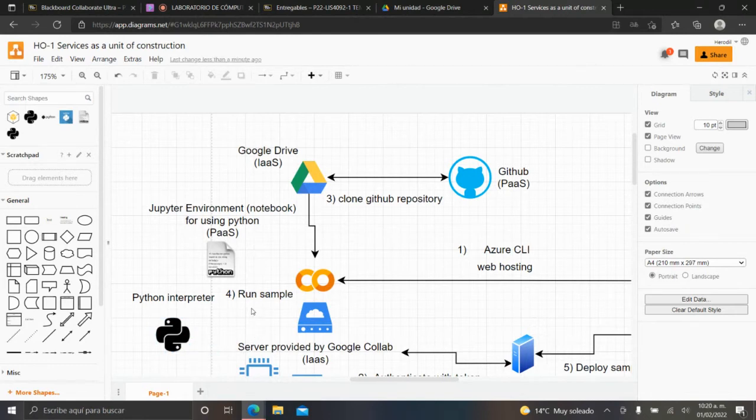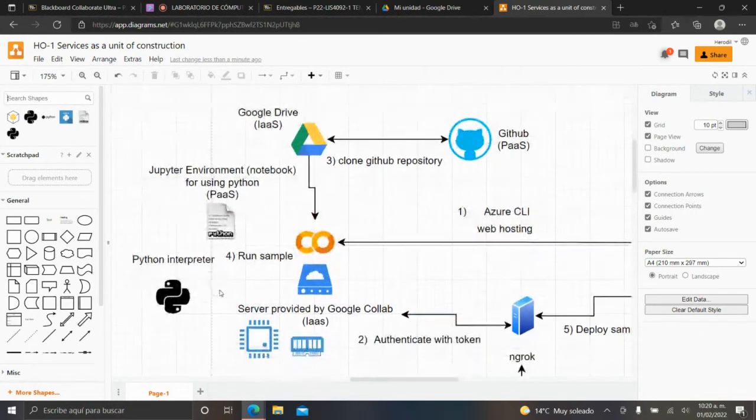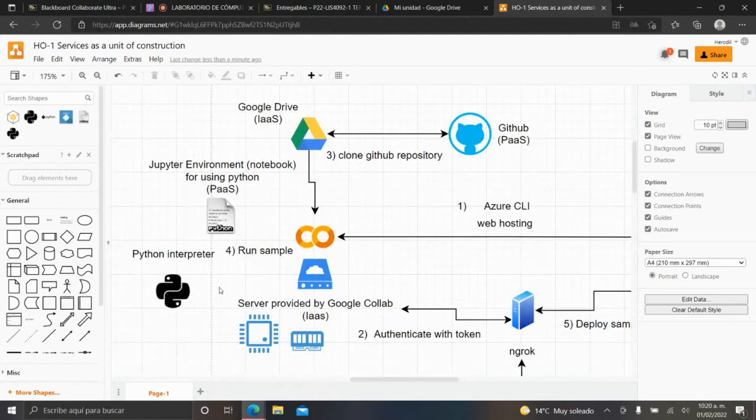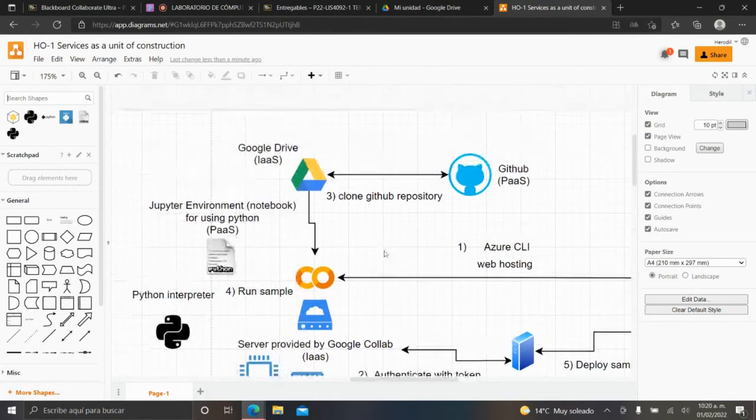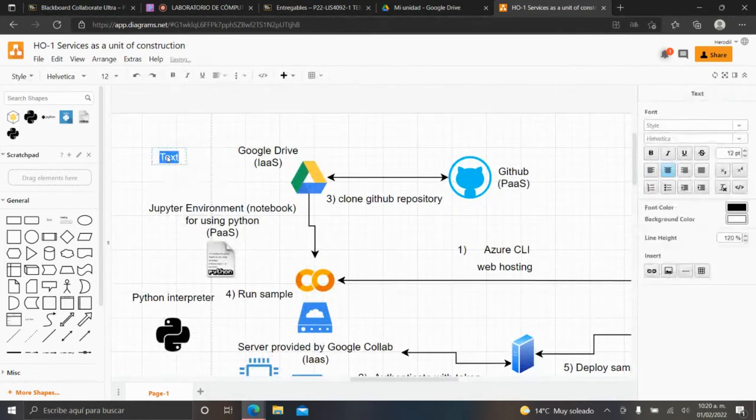We could use terminal, but we are not using terminal. We are using this nice environment, and you can also exhibit the file system. In fact, you have the storage of the Google Drive, you have the file system, and both of them are exhibited as a software as a service, which is a web application that we see on the browser.